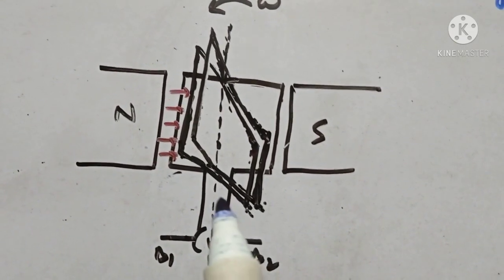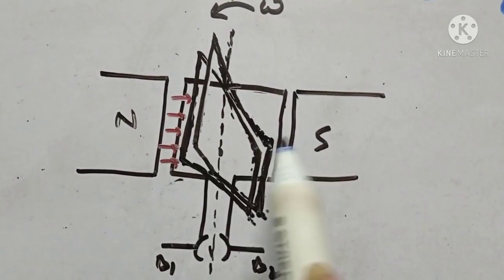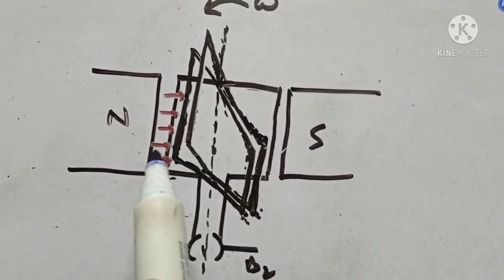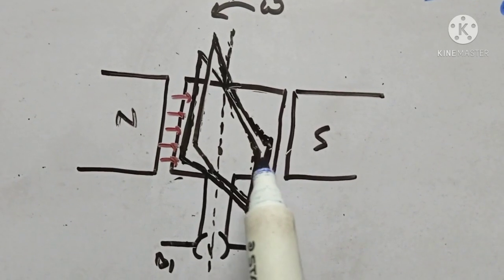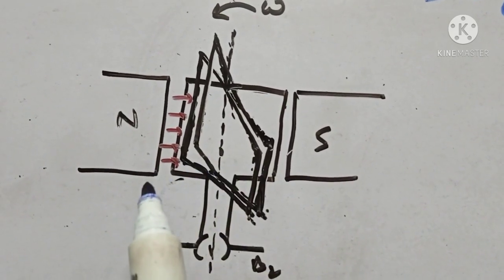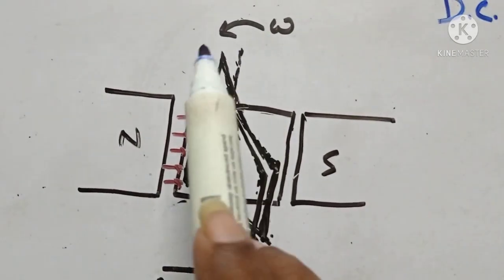Now when the coil is parallel to the magnetic field, your EMF is 0. So as it starts rotating, the direction of the rotation is given to you.